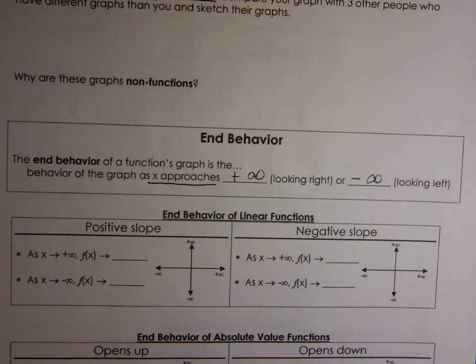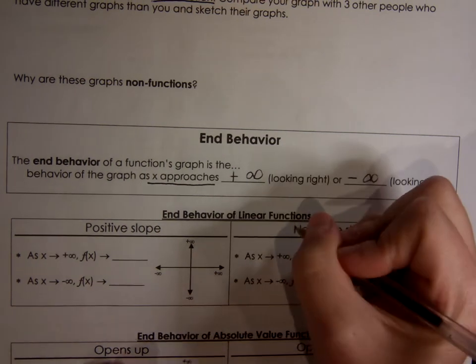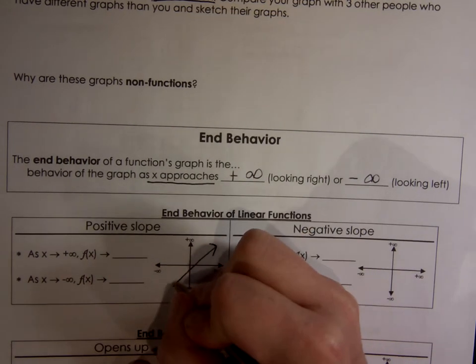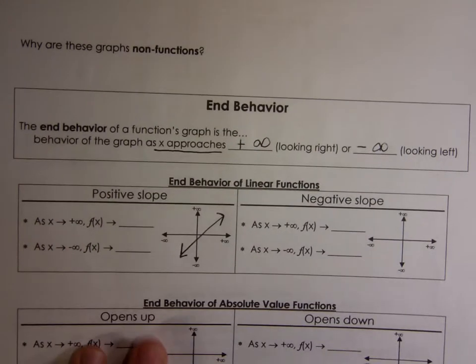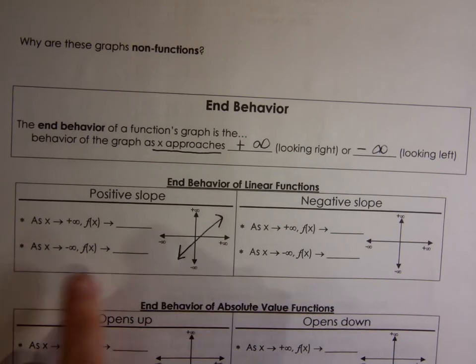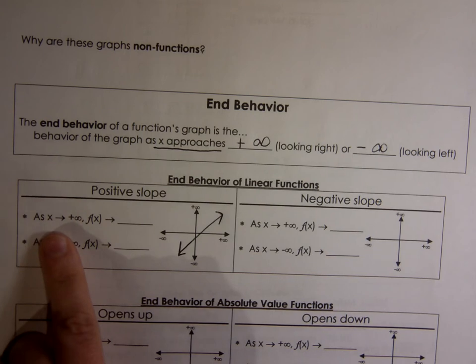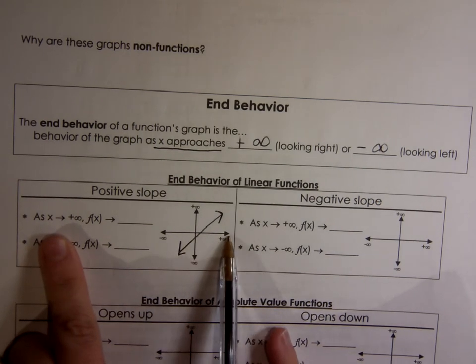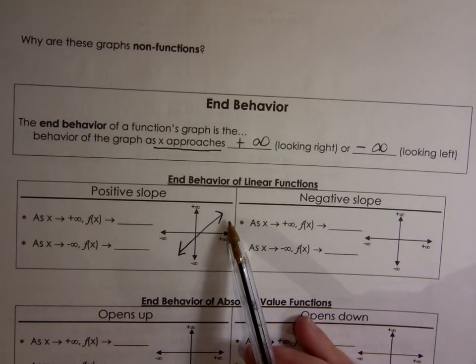So for the end behavior of linear functions with a positive slope, if you were to graph a line with positive slope, we would ask ourselves, how does this graph end? As x approaches positive infinity, we see that there is an arrow pointing up.